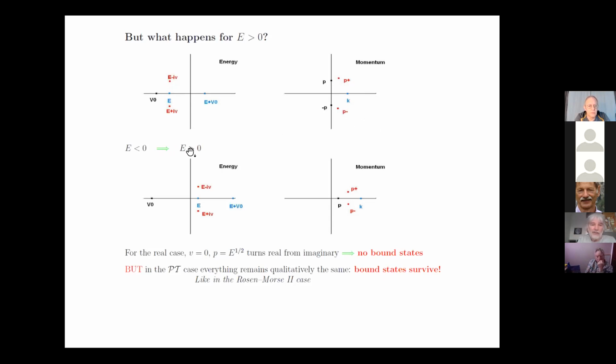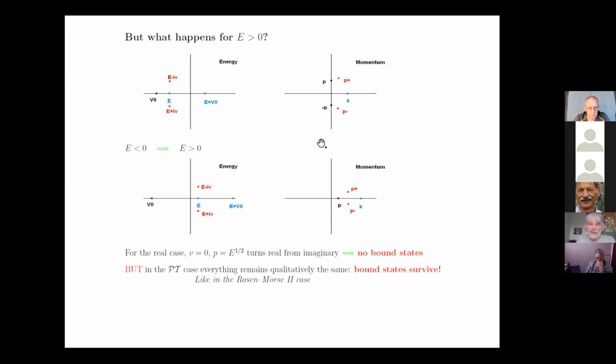If we cross this limit, we go to positive energy, then more or less everything remains the same, except that the P quantity, which is the square root of energy, will be real, while in the other case it was imaginary. Okay, so it turns out that these solutions behave just like the bound states used to behave in the negative energy region.